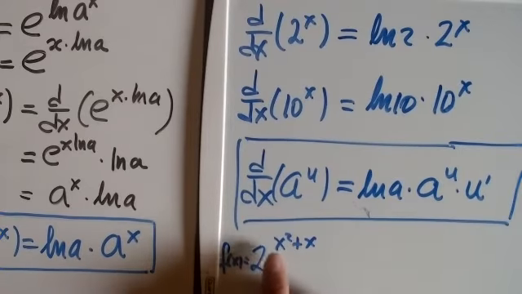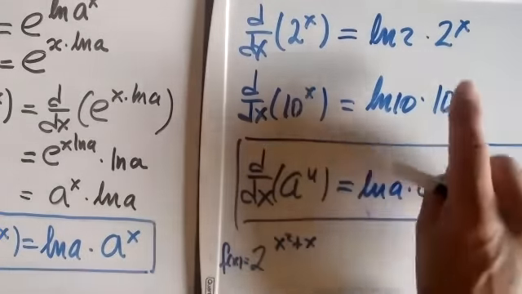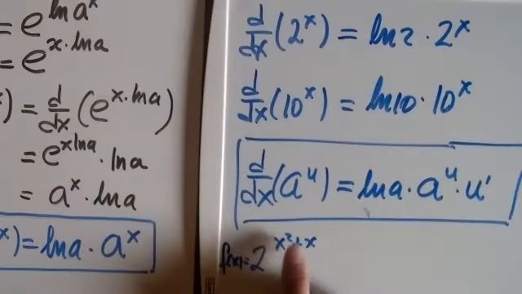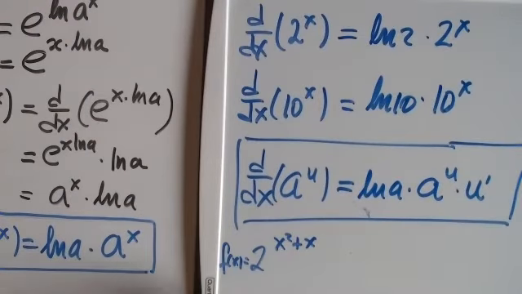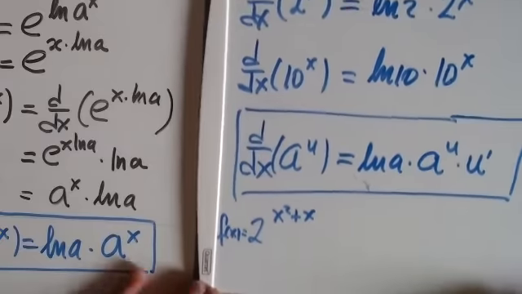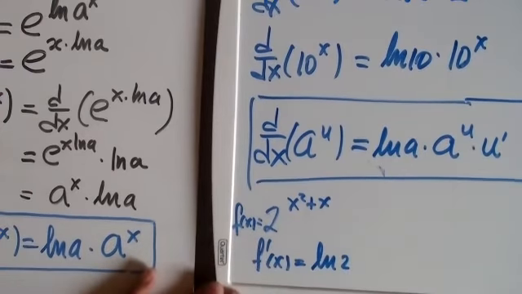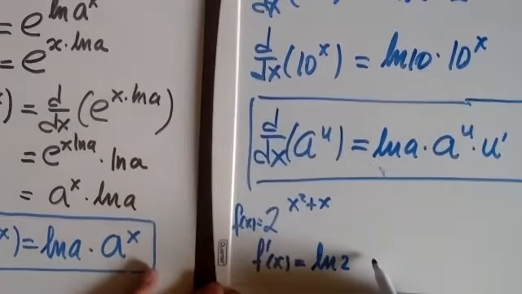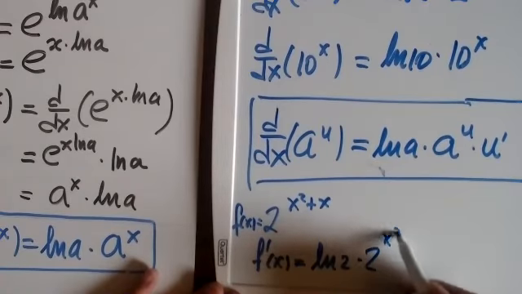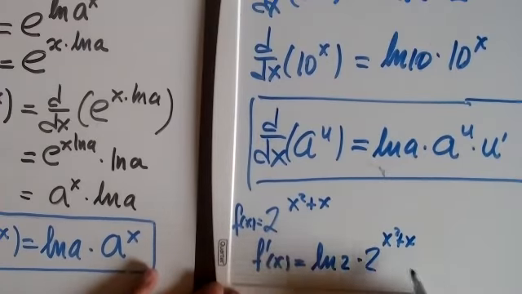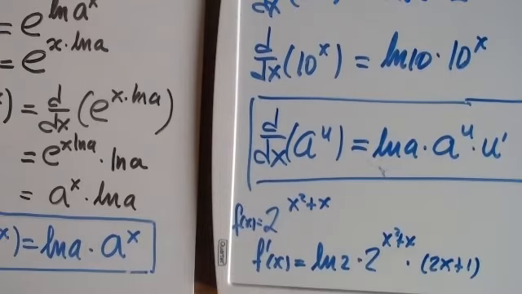I have to get the derivative of this exponential in the normal way as this one, but I have to multiply times the derivative of the function in the exponent. So in this case, f prime of x equals, well, ln 2, that's the ln of the base, 2 to the x squared plus x times the derivative of this, which is 2x plus 1.